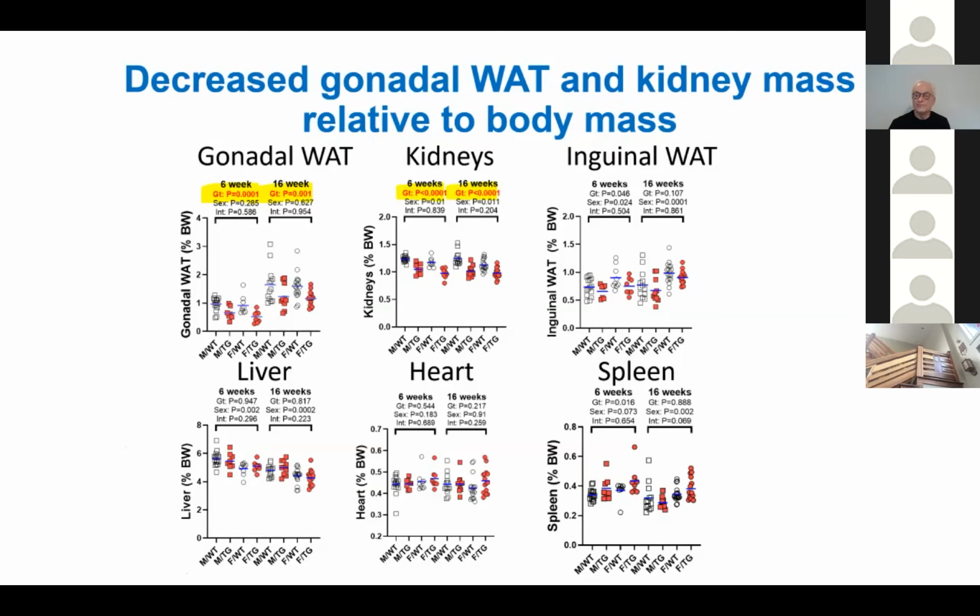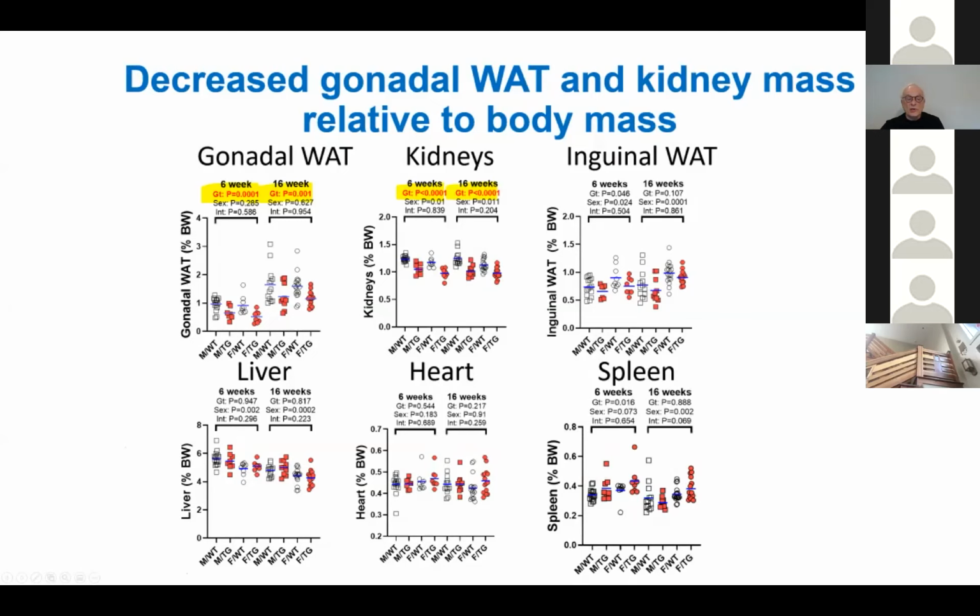Great, thank you. So here is the effect on some of the internal organs. Most of the internal organs of the transgenic mice are proportional to the animal size. But if you look at the gonadal white adipose tissue or the kidneys, there's a significant decrement in the size of both the gonadal fat depots and the kidney size.